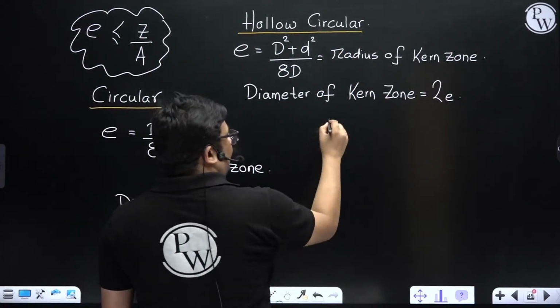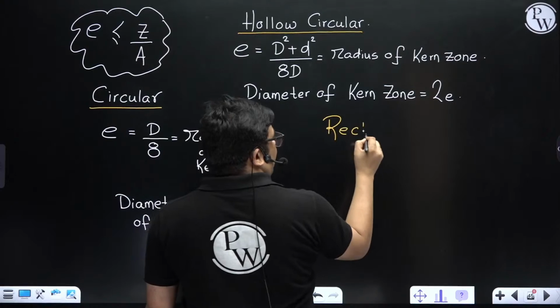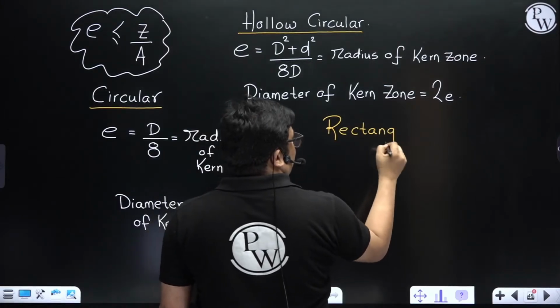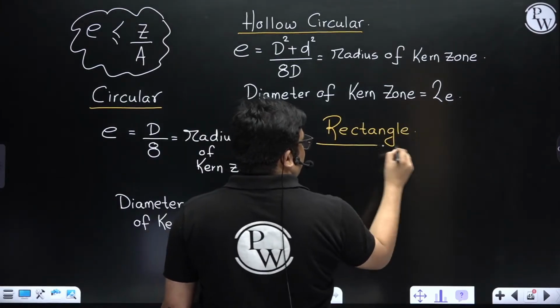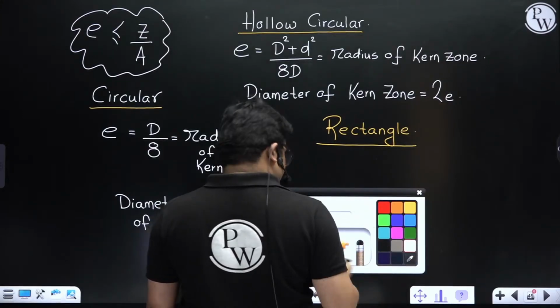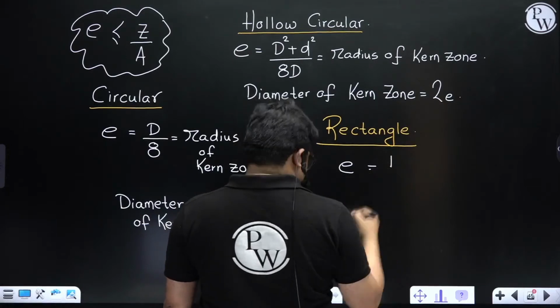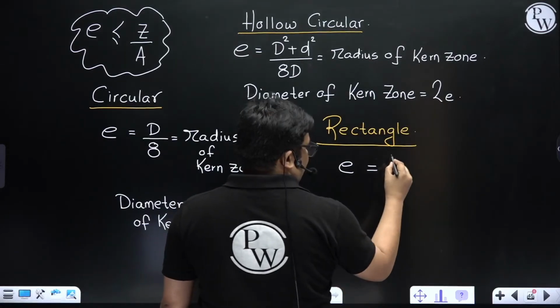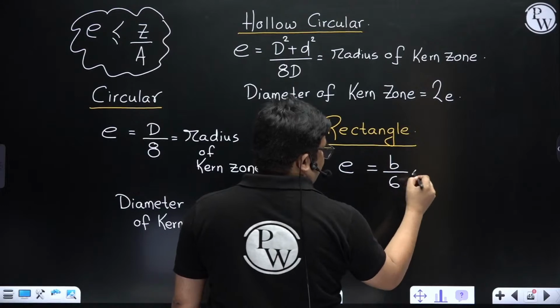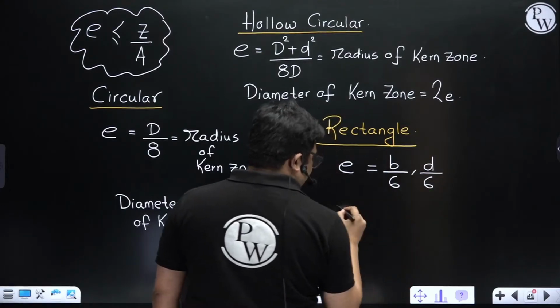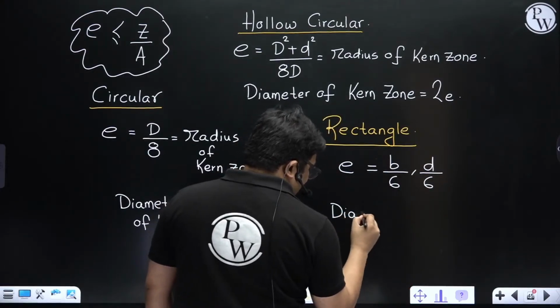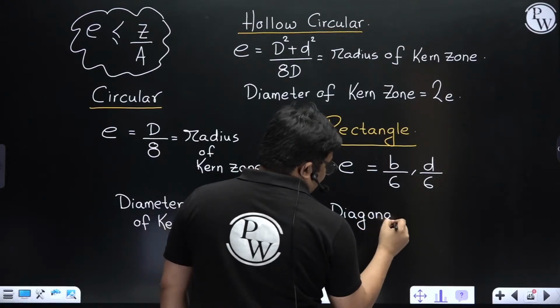Then we saw for a rectangular section, which holds for square also, the kern zone is a parallelogram. In this, the eccentricities are b by 6 and d by 6, but the diagonal lengths are b by 3 and d by 3.